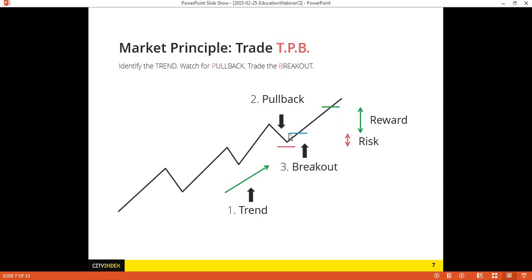I'm looking at the trend first, and then I'm looking to get in at the best possible price, and that's where the pullback comes in. And then I'm looking for a breakout. Why am I looking for a breakout? Well, this breakout is showing me that short-term momentum is agreeing with a longer-term trend, and therefore I want to get in. Look, I'm looking for edges in my trading.